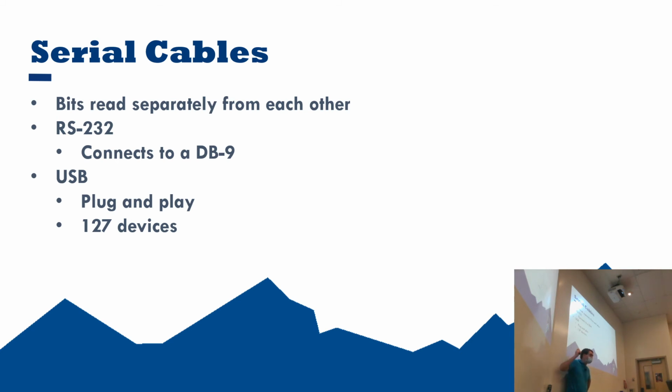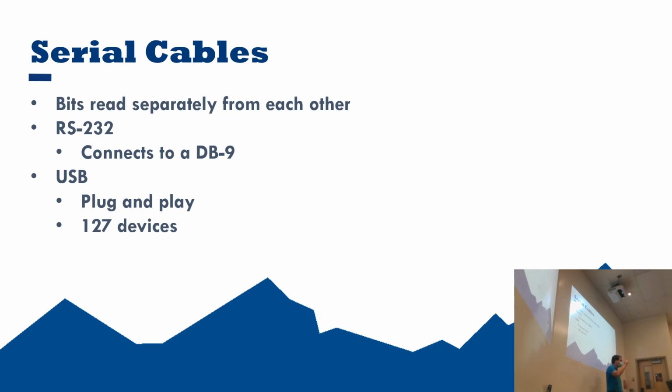But basically, with a serial cable, unlike a parallel cable where all the bits are read together, serial, of course, means that they're read one at a time, separately from each other, which, while it may sound slower, is of course much faster, because we're not having to read all of something at a time. Think about a parallel port. What were those commonly used for back in the day?